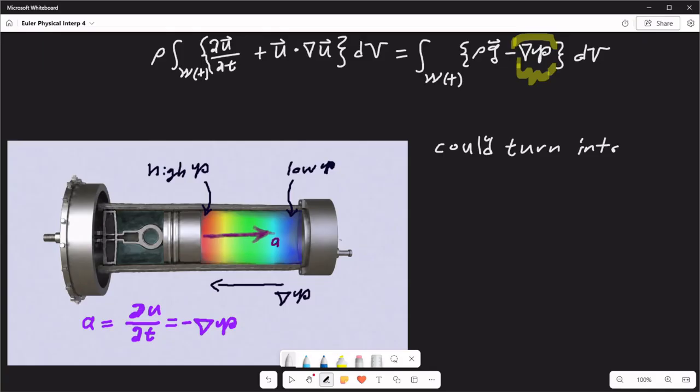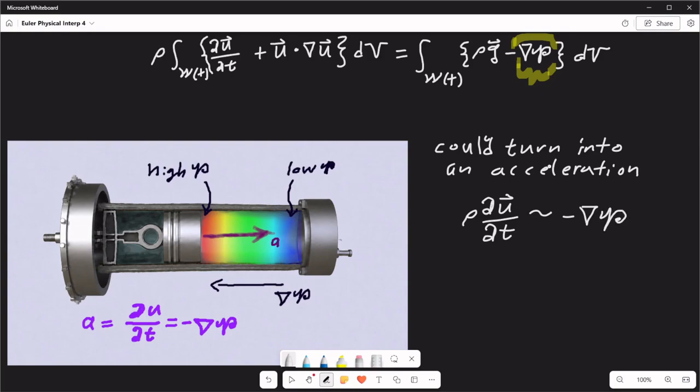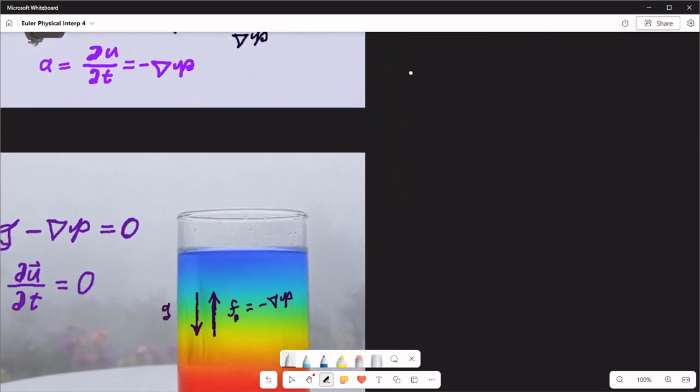So that's basically the rho du dt case that I went over in the beginning of these videos. That basically goes like negative gradient of p. So it could turn into acceleration.